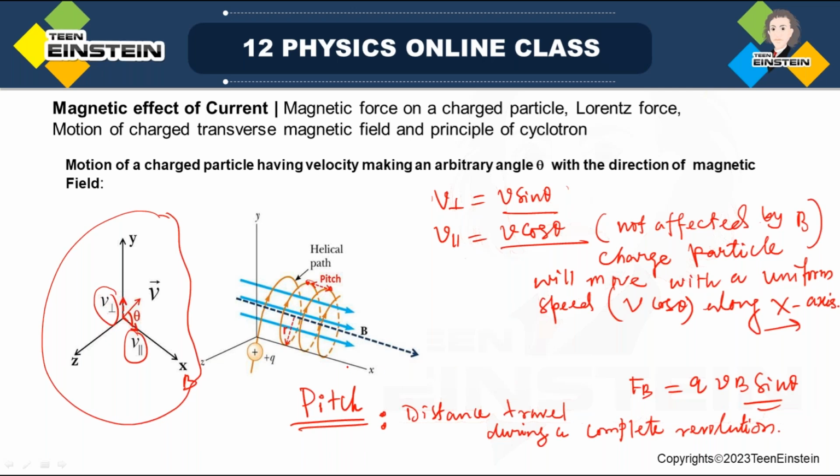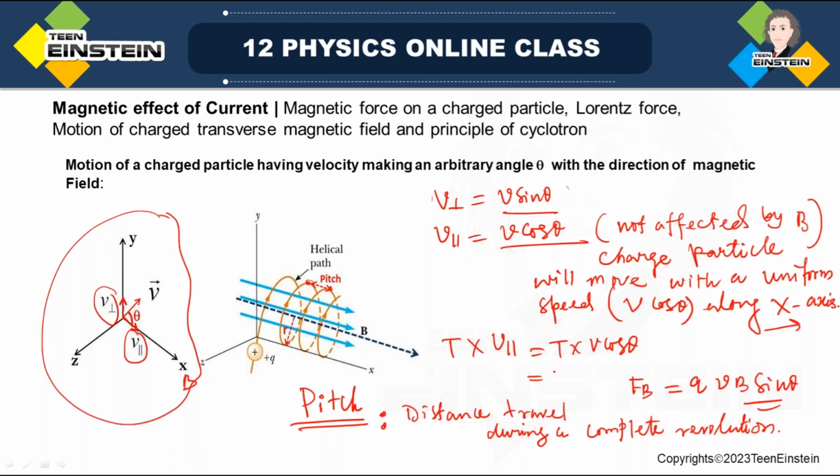How do we find the pitch numerically? We have to find this linear distance. We know the time period for a complete revolution, and it is moving along the x direction with uniform velocity, so this is T into v cos theta.